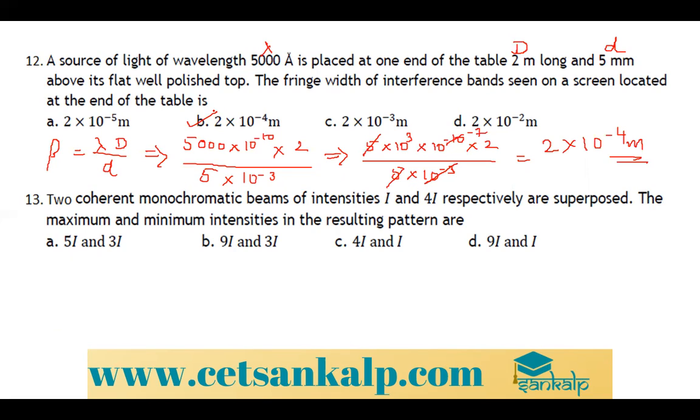ಕ್ಲಿಯರ್ ಆಯ್ತಾ? ರೈಟ್. ನೆಕ್ಸ್ಟ್, two coherent monochromatic beams of intensities I and 4I respectively are superposed.